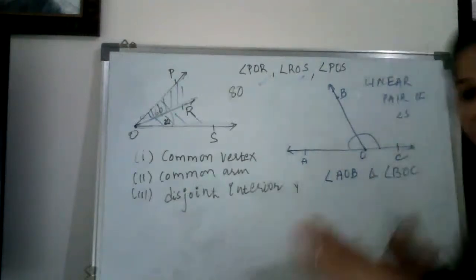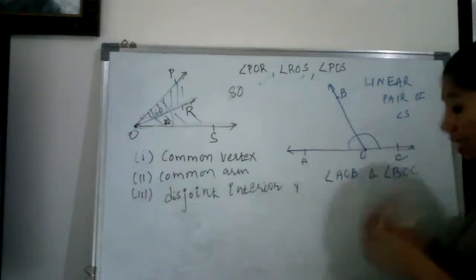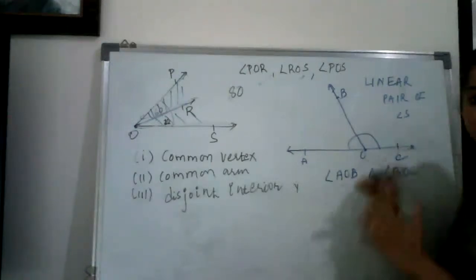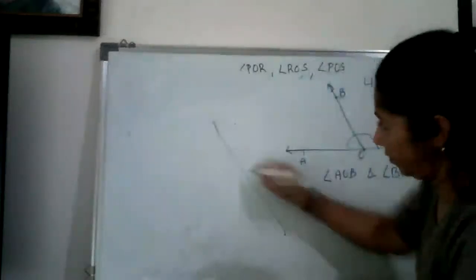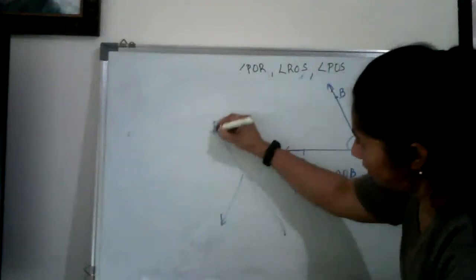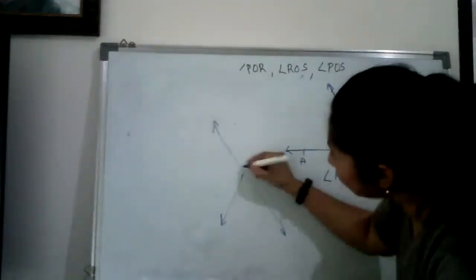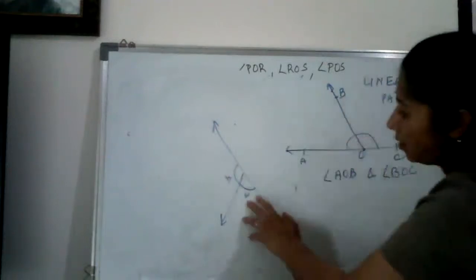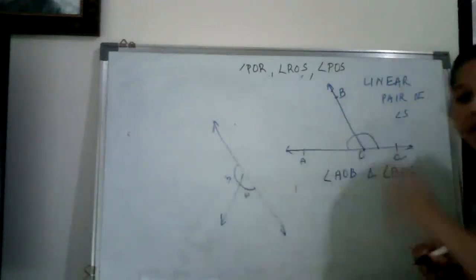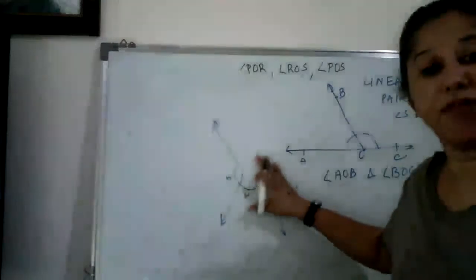Linear pair of angles. Some diagrams could be like this. Traditionally we make the diagram in this way, but do remember, I can draw the diagram something like this. Then also, could you see here, this makes a line. So naturally this pair of angles, if these are the values A and B, would definitely be a linear pair of angles.